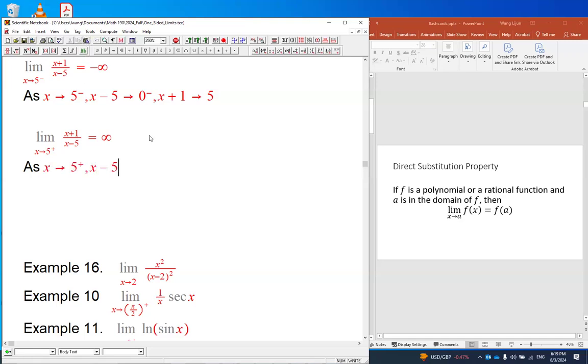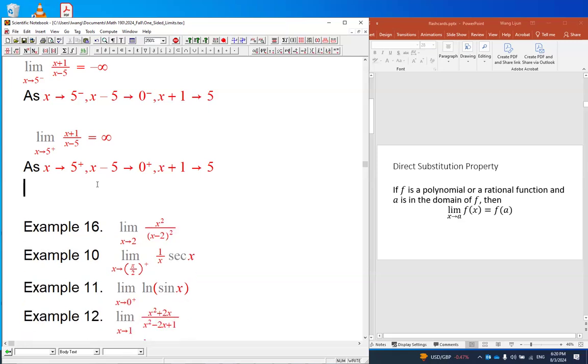X minus 5 is approaching 0 from larger than 0. And of course, x plus 1 is still approaching 5. Right? So in the end, of course, this is going to be approaching positive infinity. So by breaking it down, we can justify it that way.